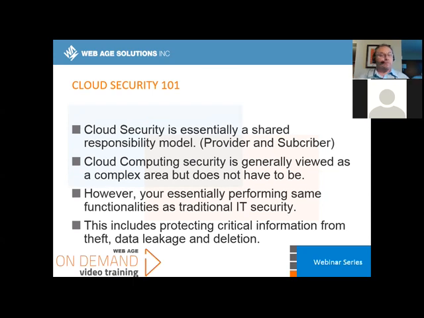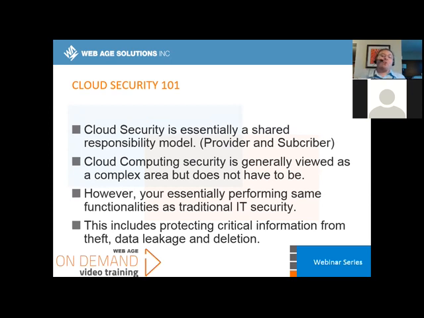If you're using Amazon Web Services, you have Trusted Advisor, right? That's another tool that has different levels, but you could use a free version or you could use the paid version. It's up to you. Now, also protecting your critical information from theft, data leakage, and deletion.